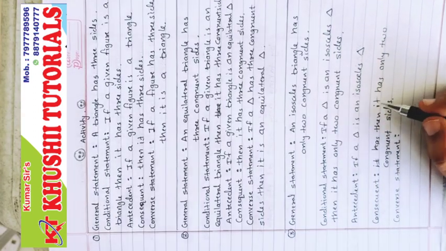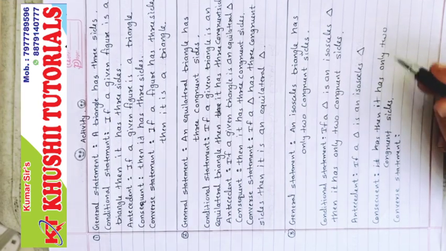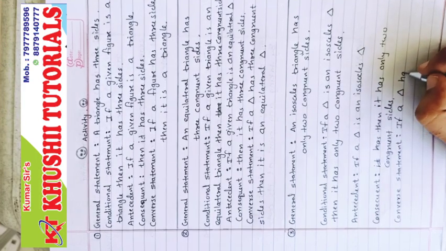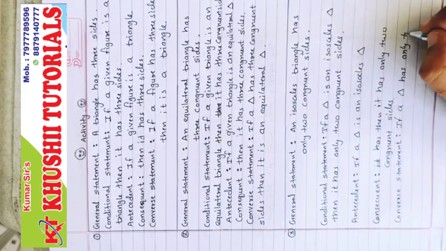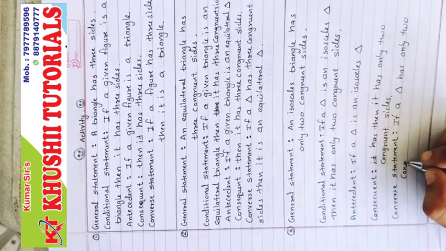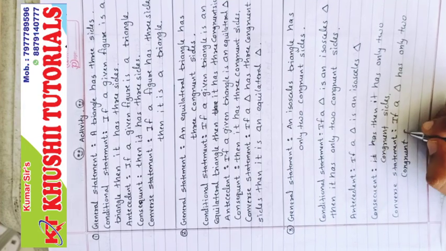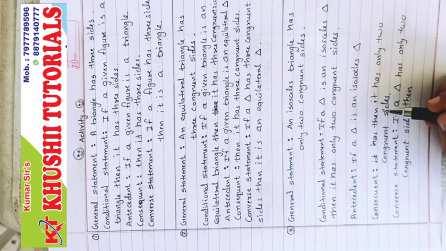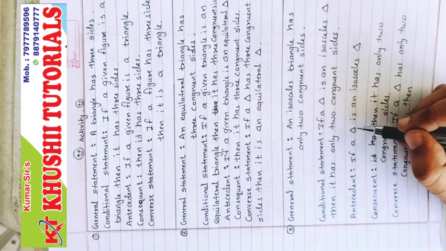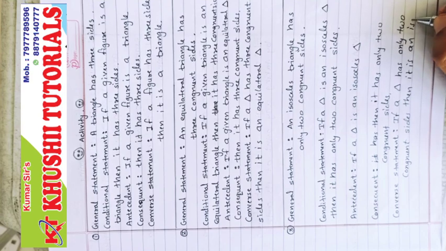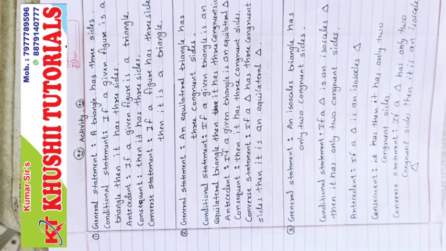So if a triangle has only two congruent sides, then it is an isosceles triangle. And this is the end of the activity.